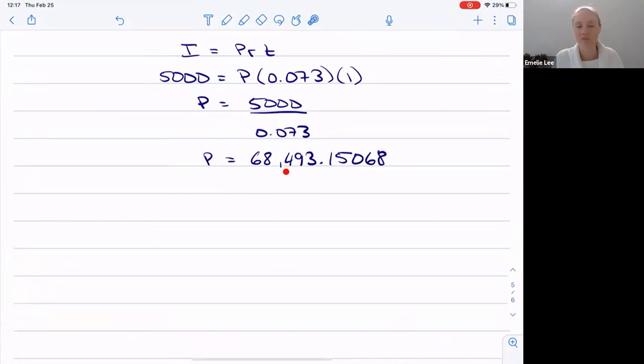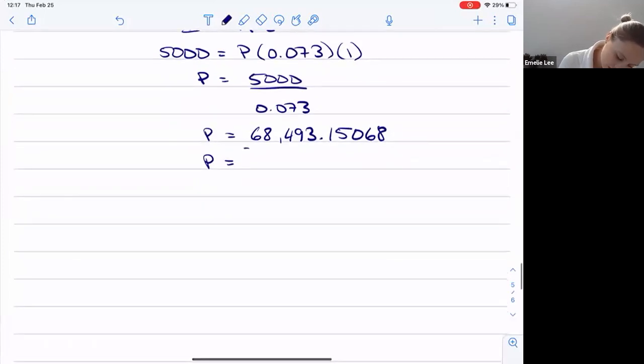We like them visually because it helps us see the magnitude of this number, but Moodle doesn't like them. P then as a dollar amount to 2 decimal places is 68,493.15, 15 pennies.